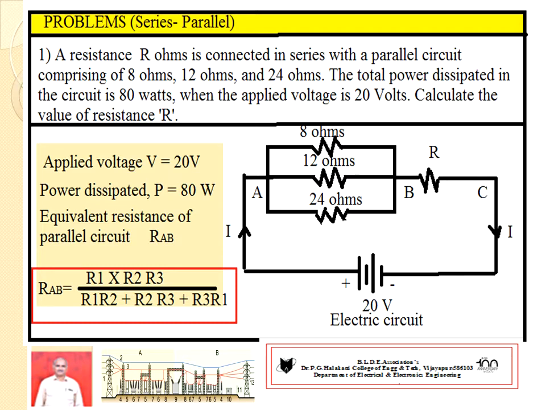Before going to that, at the very beginning, we have to solve the parallel circuit first. That is, we have to find the equivalent resistance of the given parallel circuit. Then step number 2, this parallel circuit equivalent resistance becomes in series with the series resistance.